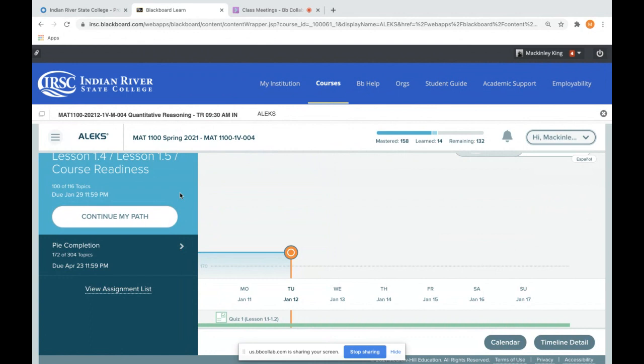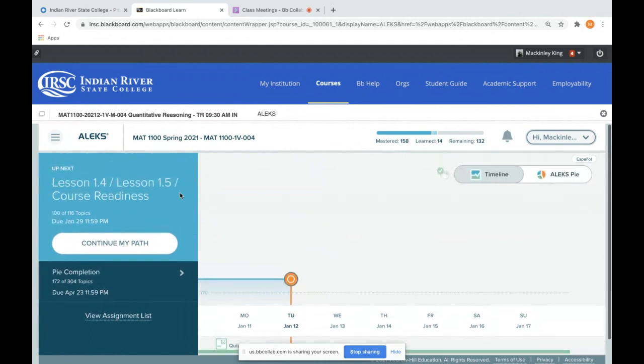Like right now, see how it says lesson 1-4? Lesson 1-5? That is the lesson you're on. So you just continue my path, continue my path. You're completing your pi objectives and doing your Alex pi. And by completing your Alex pi, you're completing the homeworks at the same time.